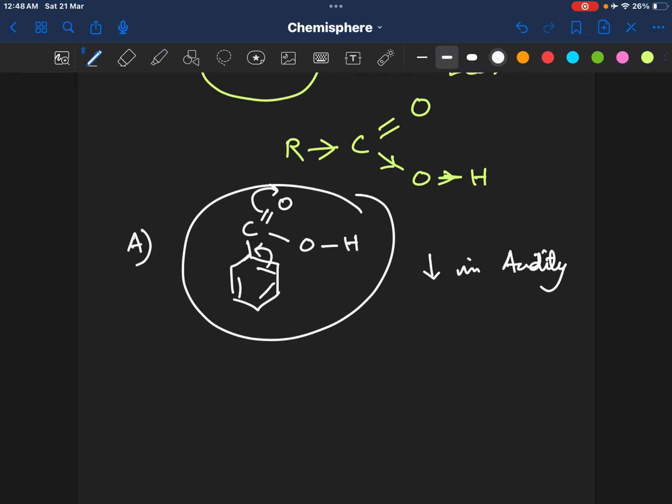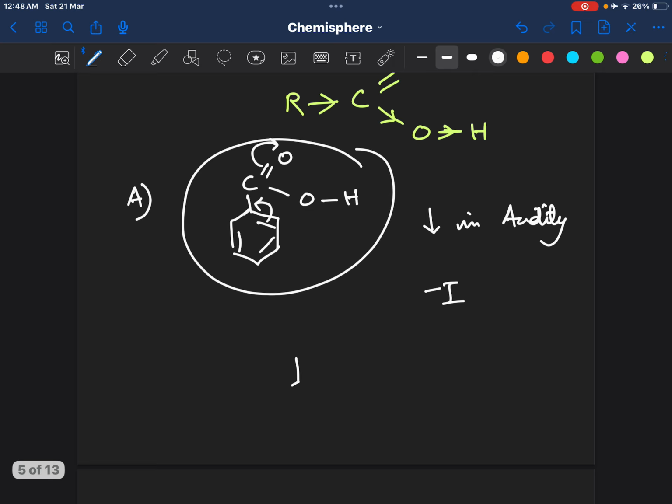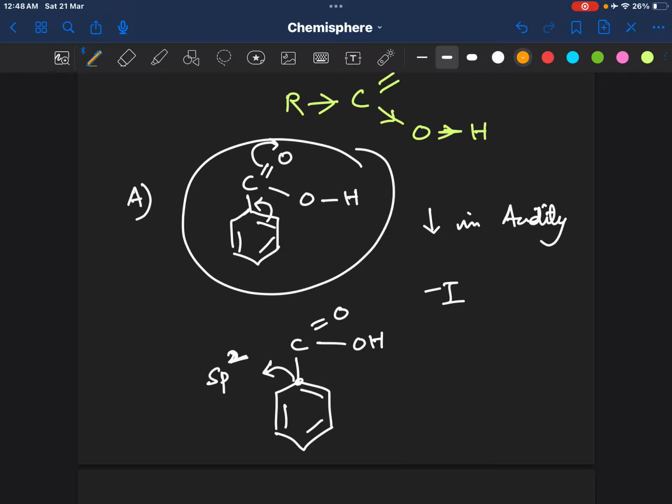That's because a minus I effect is also operating here, and that minus I effect is due to the electronegativity difference. Here we have a benzene ring and an sp2 carbon, and this sp2 carbon is more electronegative, so it pulls electrons towards itself and decreases the electron density in the OH bond.